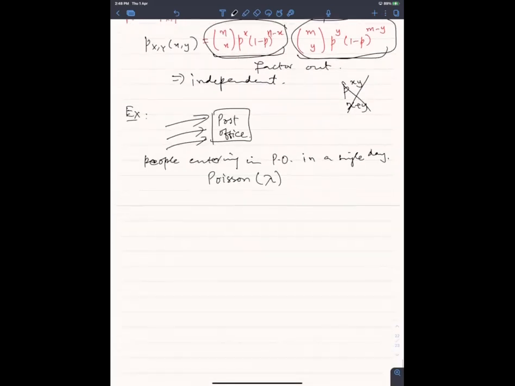Now each person वो मेल भी हो सकता है और फीमेल भी हो सकता है. मेल with probability p and female with probability 1 minus p. Okay.